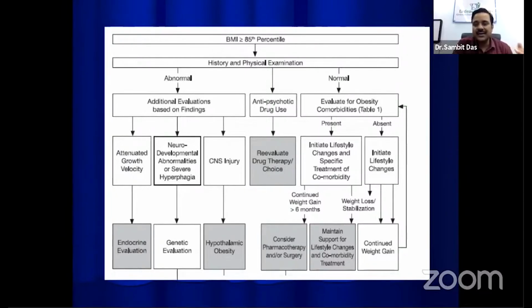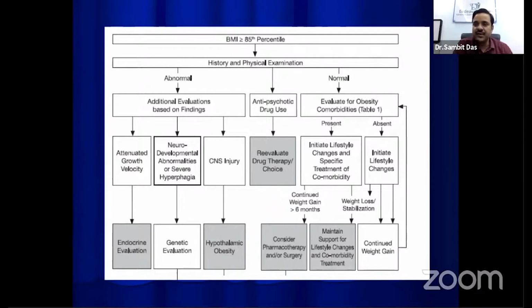findings. Suppose there is an attenuated growth velocity, and as an endocrinologist, we all know that if the child is obese and he's not tall or he's short, then we need to rule out endocrine causes like hypothyroidism or Cushing, so that we can do. If neurodevelopmental abnormalities or severe hyperphagia is there, as Dr. Nihal Thomas's talk he has given on that particular aspect, then some genetic evaluation needs to be done.